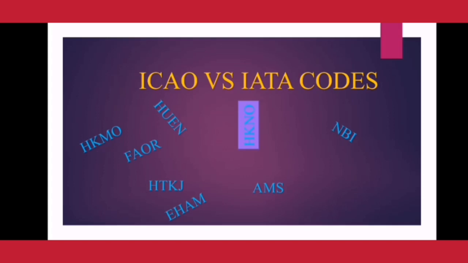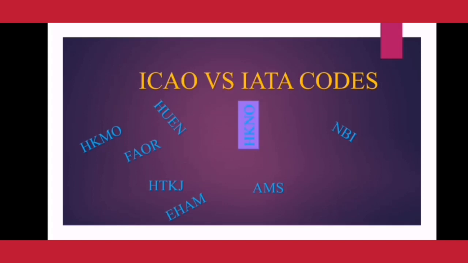For example, we have HKMO, which is Mombasa International, and we have FAOR, which is Oliver Tambo International in South Africa. Anytime you see a four-lettered code, it's basically an ICAO code, which is used by the Meteorological Department and for issuance of NOTAMs for both pilots and air traffic control.